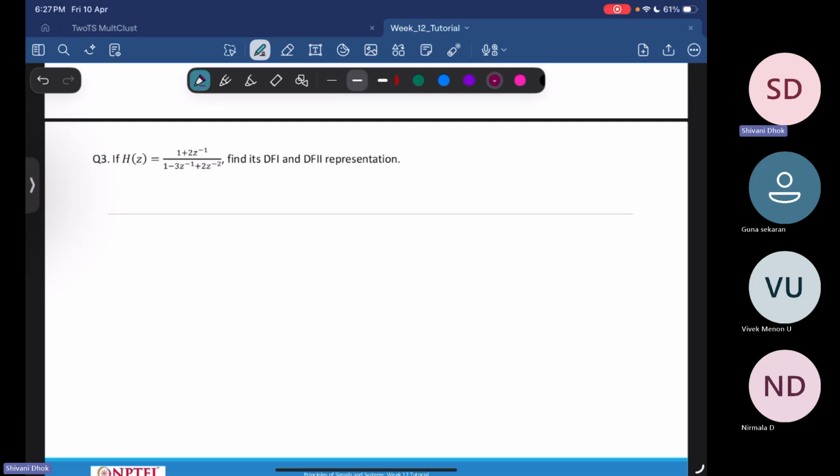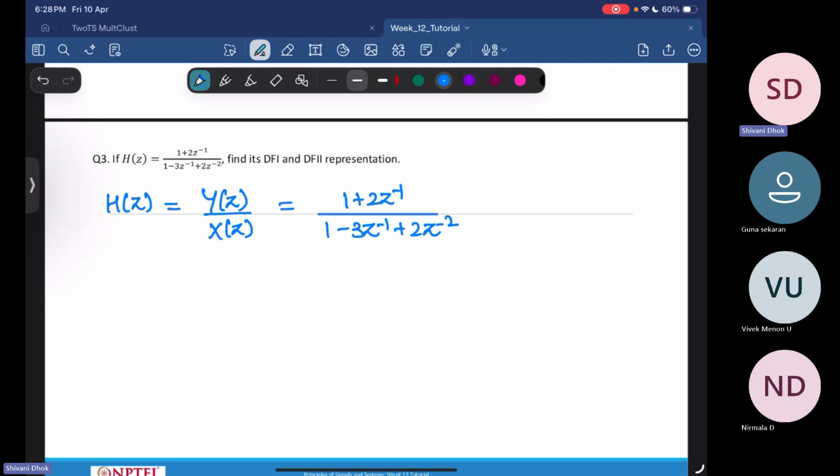Before that, let us first expand it. So H of z is equal to Y of z upon X of z, which is equal to 1 plus 2z inverse divided by 1 minus 3z inverse plus 2z to the power minus 2.